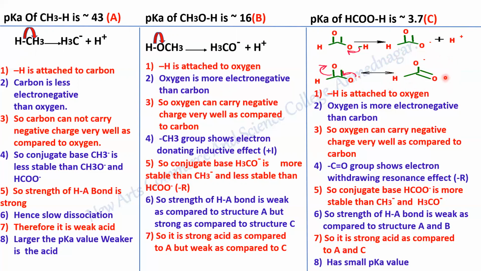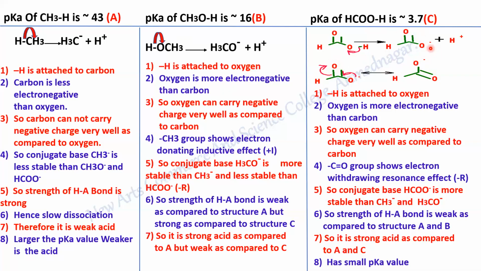The reason is that not only does the oxygen carry the negative charge, but there is also an electron withdrawing resonance effect. So this conjugate base is stabilized because the more electronegative oxygen atom carries a negative charge, and this negative charge is also stabilized by the electron withdrawing resonance effect shown by this oxygen.